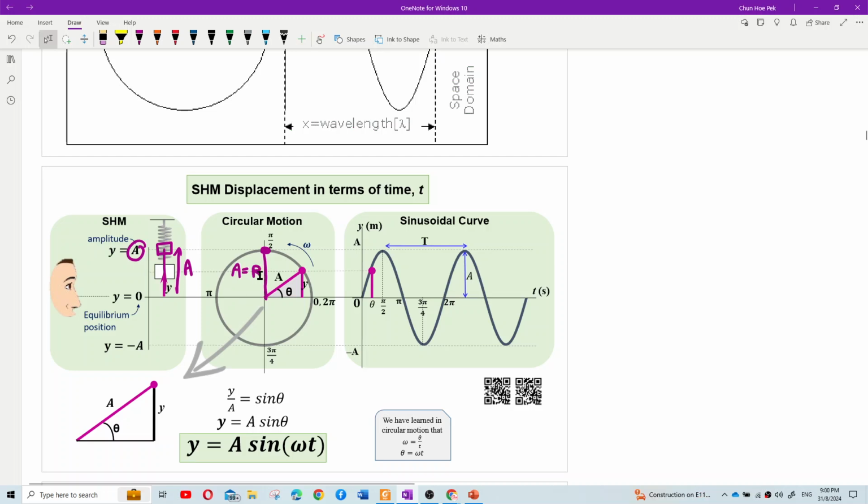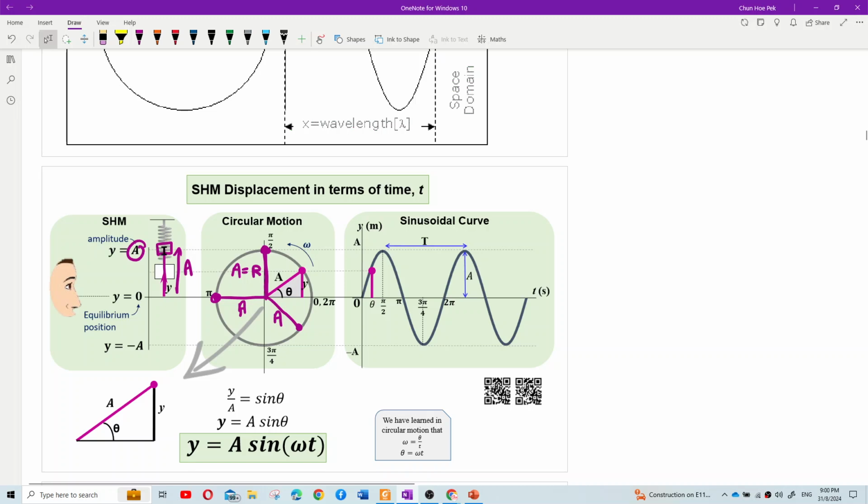Radius is always constant. So that means even if the object is here, this length is still the amplitude, correct or not? If the object is over here, this is still the amplitude, because the radius is constant. Why I'm saying that if the object is over here, this radius is the amplitude?